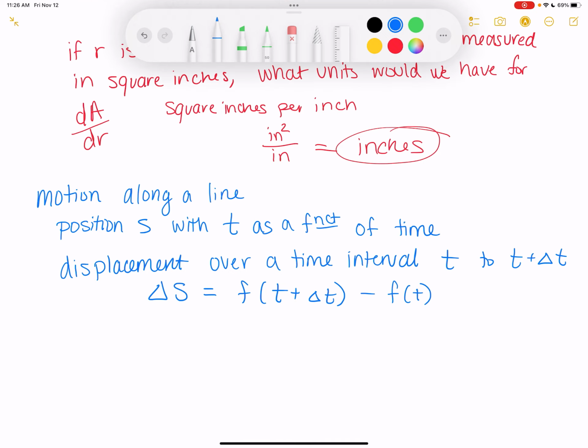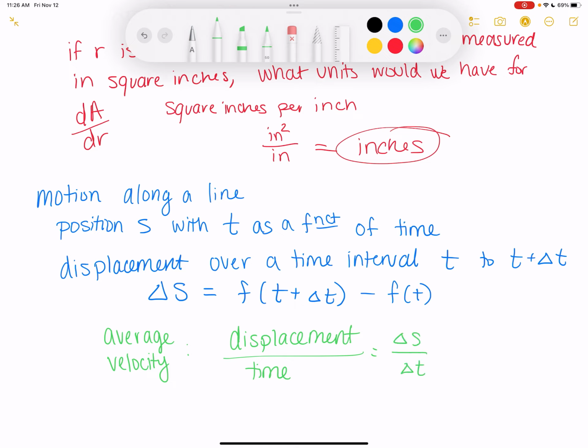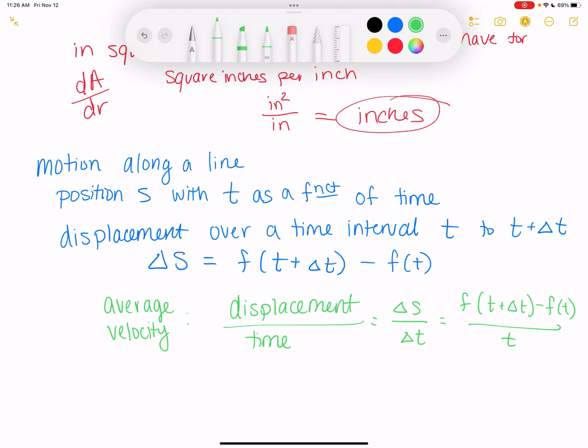And so we would have average velocity, which is displacement divided by time, is equal to delta s over delta t, which is f of t plus delta t minus f of t all over delta t. So outside of the way that we did it in physics, you can do it this way using calculus.